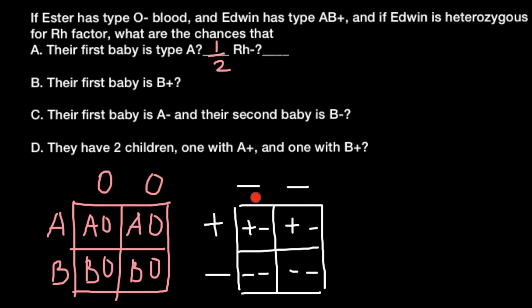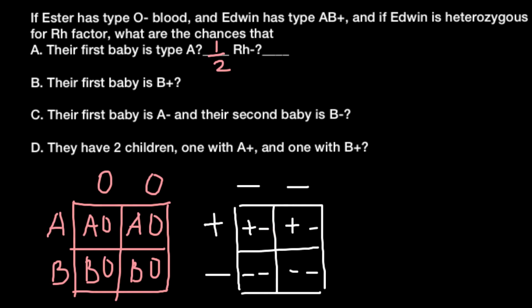Actually, what this negative sign means is the absence of this surface protein on the surface of the red blood cell. Probably due to a mutation, this protein is produced but cannot penetrate the double lipid layer, so it stays inside of the cell. So we cannot find it on the surface of the cell. Basically that means absence of this protein.